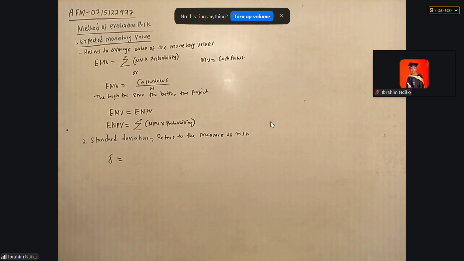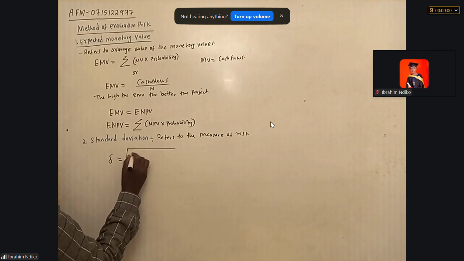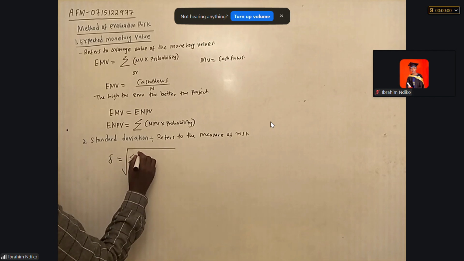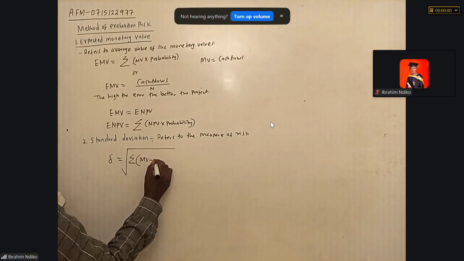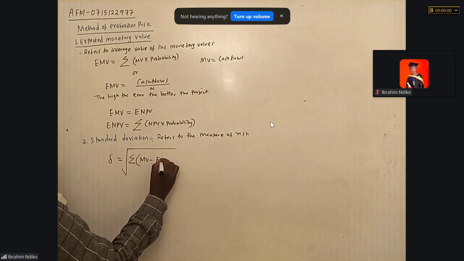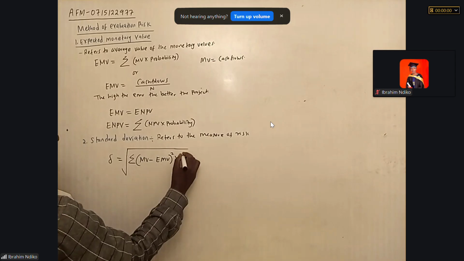Standard deviation is equal to the square root of the summation of monetary value minus expected monetary value, squared, times probability.